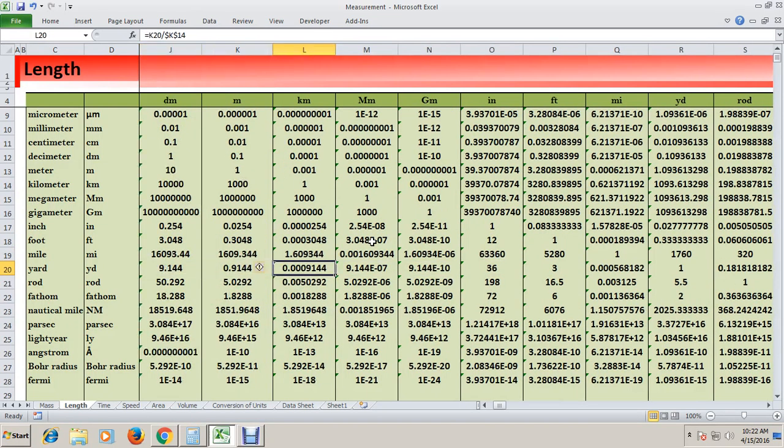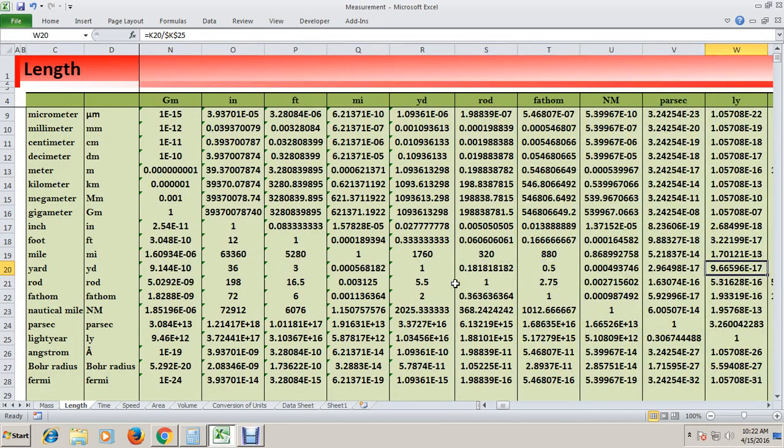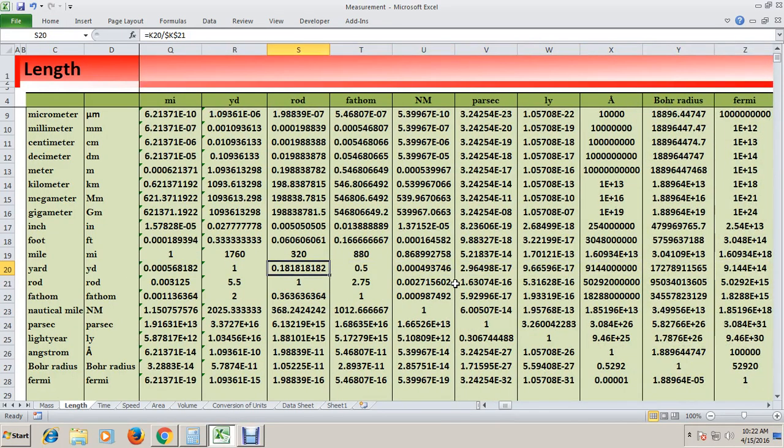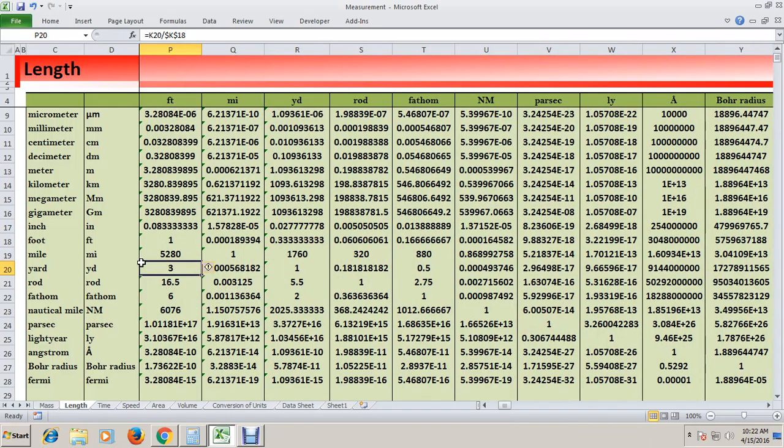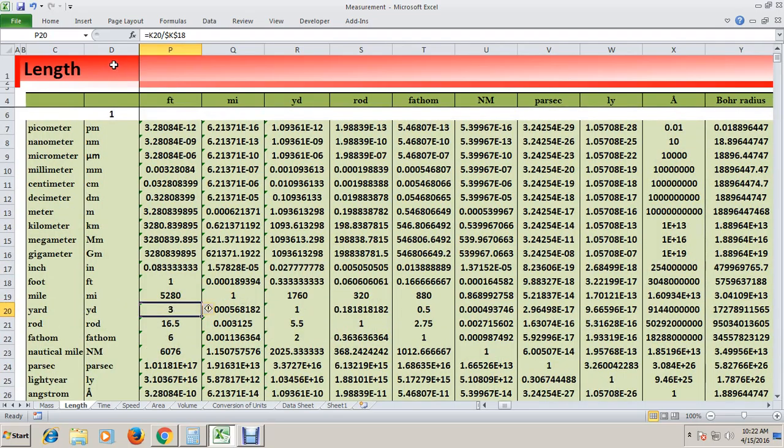Okay, let me illustrate another example. We have the yard. For every 1 yard, you actually have 3 feet. As you can see here in the conversion factor between the yard and the feet, for every 1 yard, you have 3 feet. Remember that this column here represents 1 unit of the basic quantity, so we have here the yard. For every 1 yard, you have 3 feet.